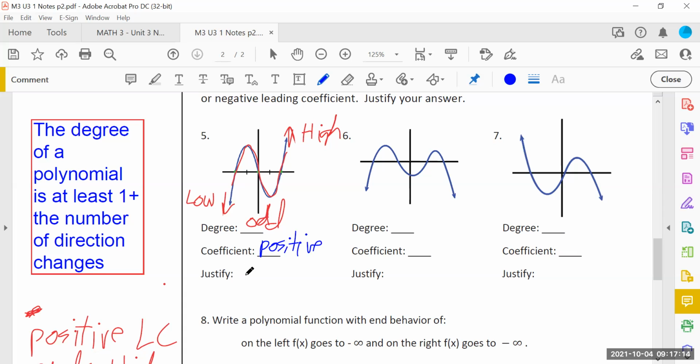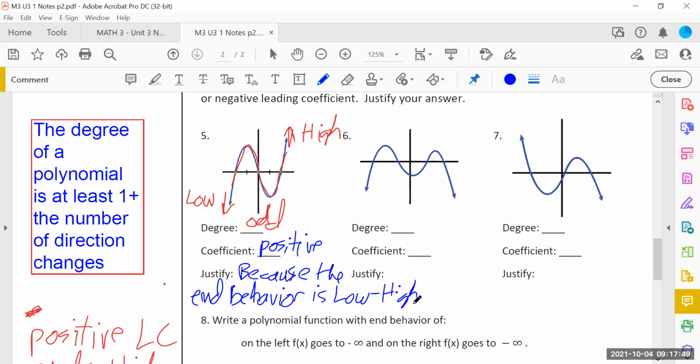Our justification is because the function is low high, or because the end behavior is low high. Right? Because low high is always odd positive.